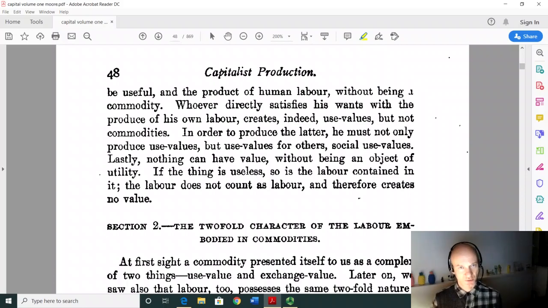Things can also be the product of human labor without being a commodity. So, for example, gifts. I can produce something useful and just give it away as a gift. Then it's not a commodity, and it's thereby not a value, because although it is a product of human labor, I wouldn't quantify that labor.